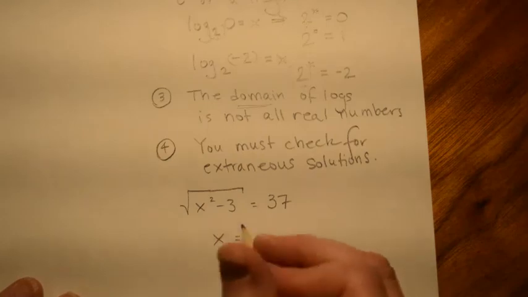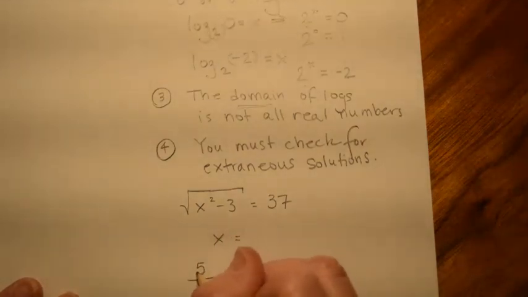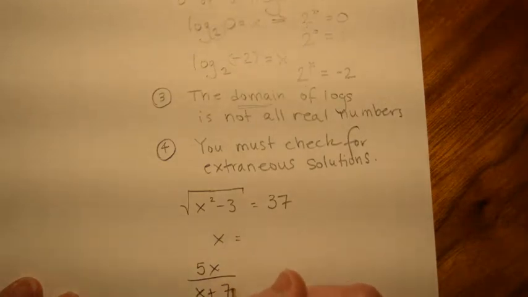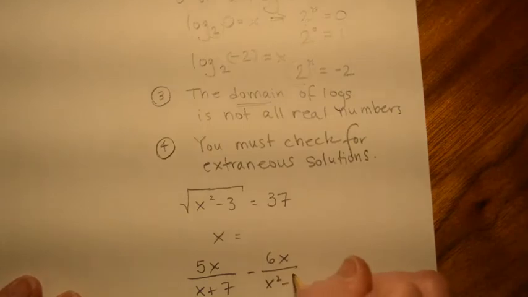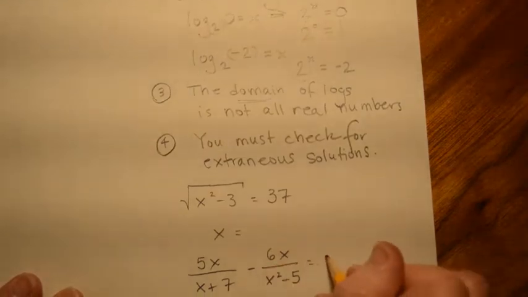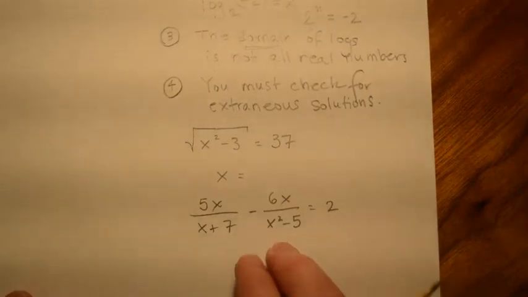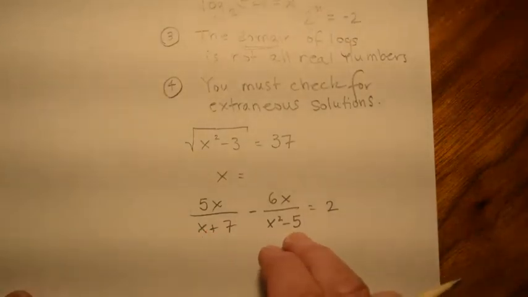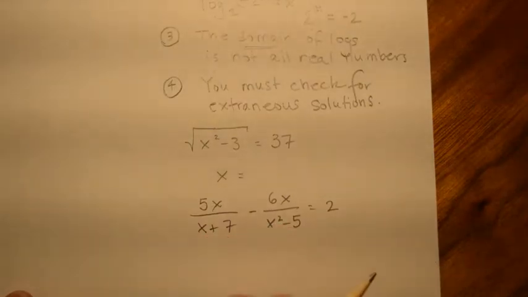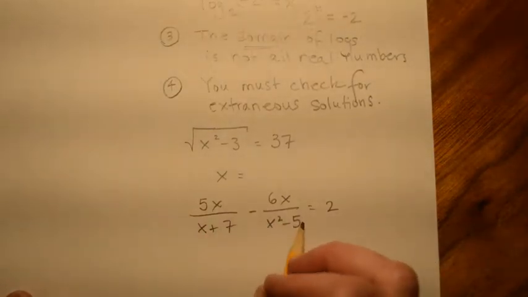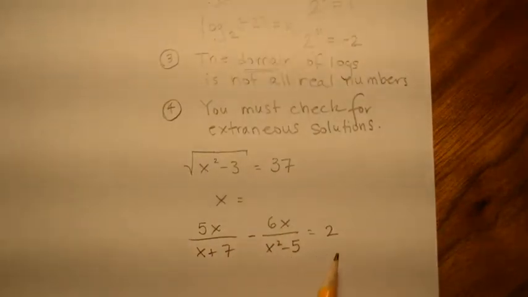We also have to check for extraneous solutions when we have rational equations. So let's say we've got 5x over x plus 7 minus 6x over x squared minus 5 equals 2. If we had an equation like that, whatever we got as our solution, we would have to plug it back in to make sure it didn't make the denominator 0, because that's a problem. We can't have 0 in the denominator. So the reason that we end up checking for extraneous solutions is because the domain is not all real numbers.